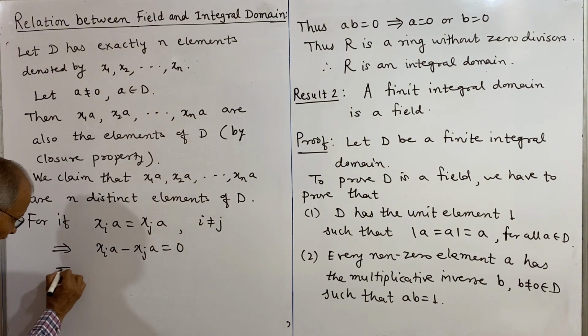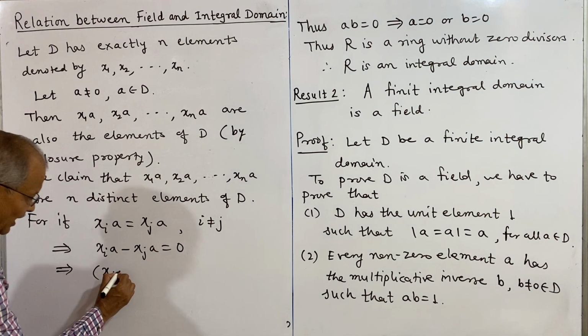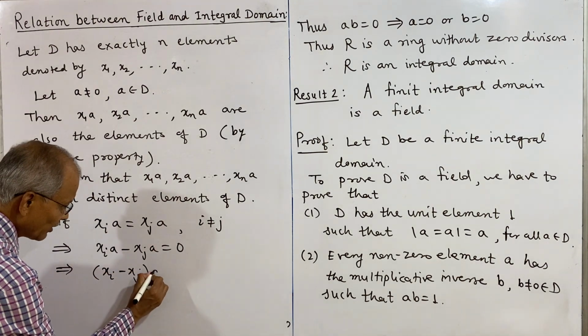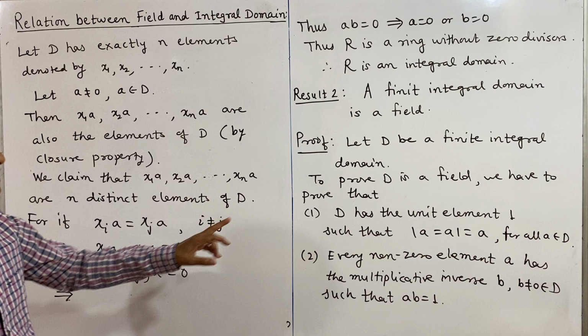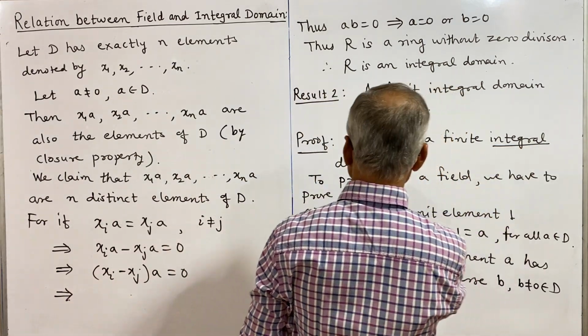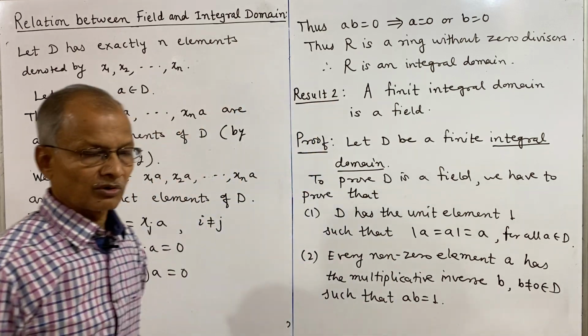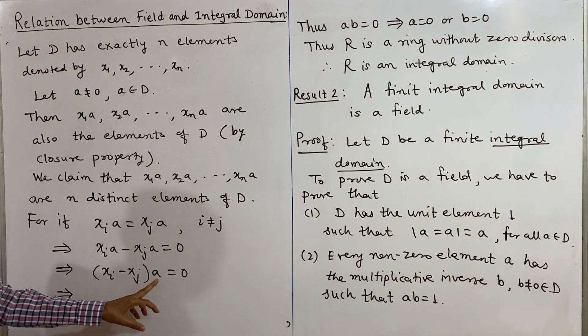And now by the distributive property we have (xi minus xj) into A is equal to 0. And this implies, because D is an integral domain, a ring without zero divisor, that either xi minus xj is 0 or A is 0.